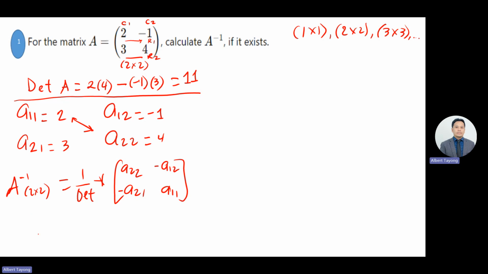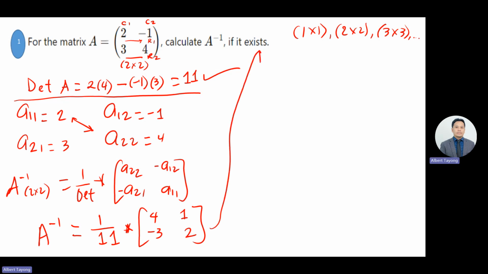Okay, so our inverse is equal to 1 over 11, that is our determinant, times, we're going to swap now our A sub 22 and A sub 11. So this will become 4 and 2. -1 will become 1. And 3 here will become -3. Okay, so here we have the final answer.